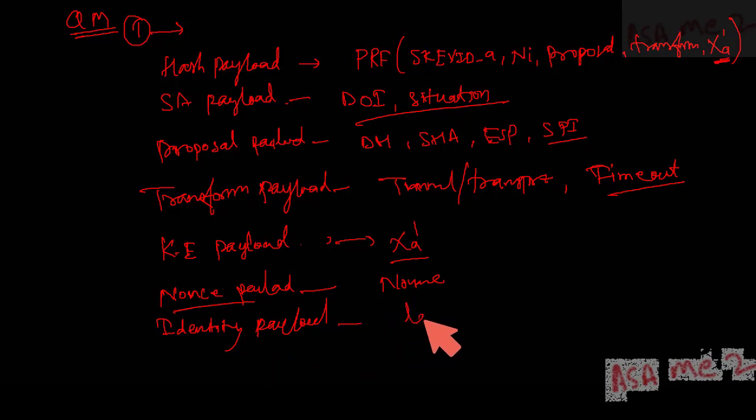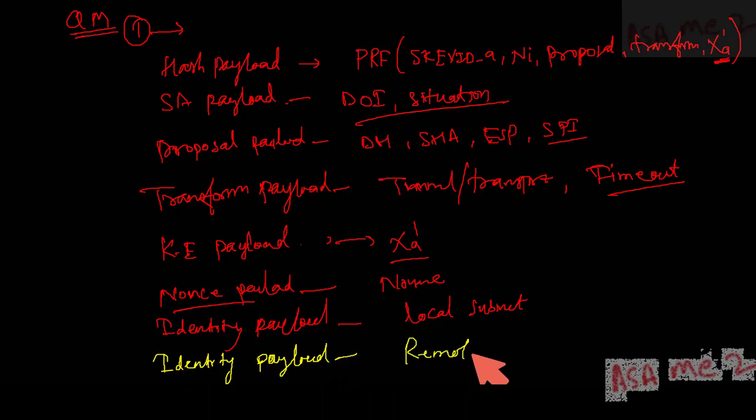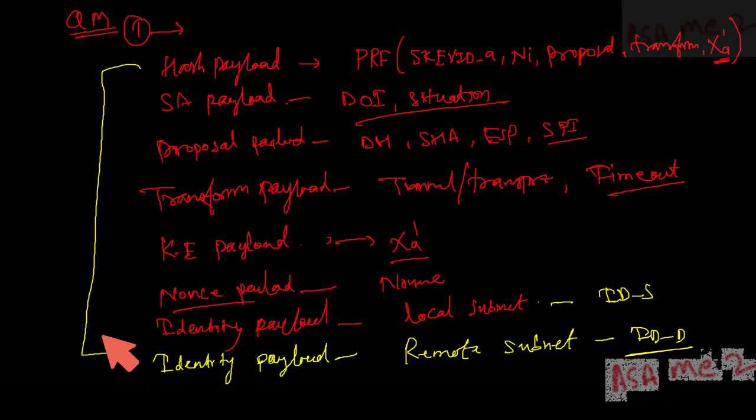The identity payload will have information about your proxy IDs or the crypto ACL. So let's say this identity payload has information about local subnet, and there will be second identity payload, and this will have information about remote subnet. You can also write it as source proxy or destination proxy. All this information is going to be one packet, the first one.